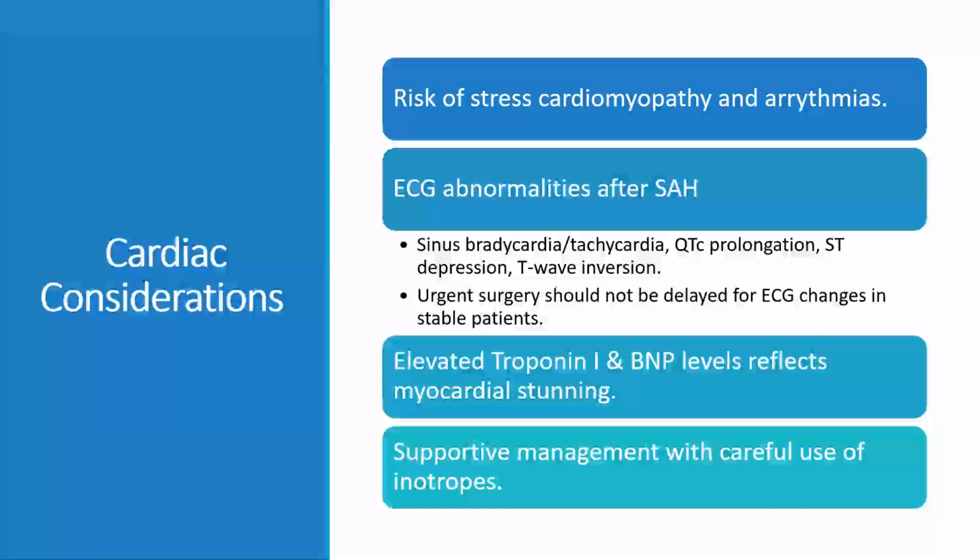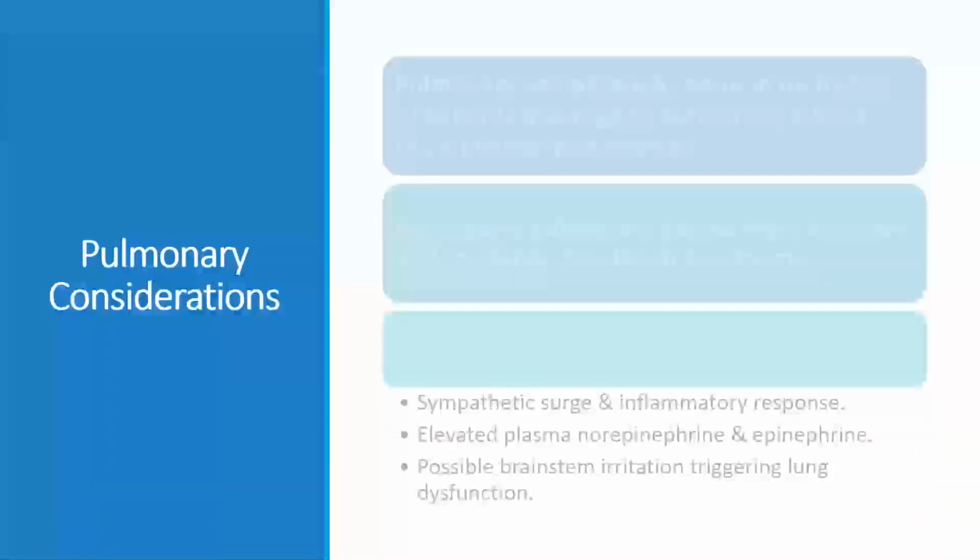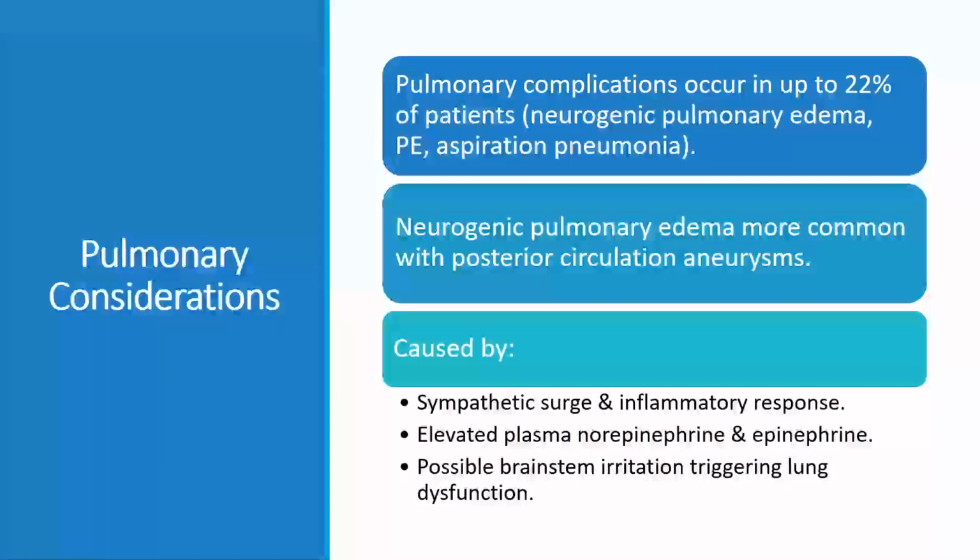So urgent surgery should not be delayed for ECG changes in stable patients. If the patient is stable, we cannot delay the surgery because of these cardiac changes, because they are related to neurological symptoms. Elevated troponin I and BNP levels reflect myocardial stunning. Supportive management with careful use of inotropes. Pulmonary complications occur in up to 22% of patients.